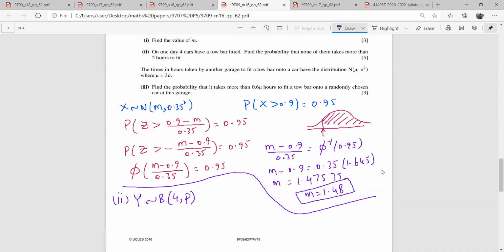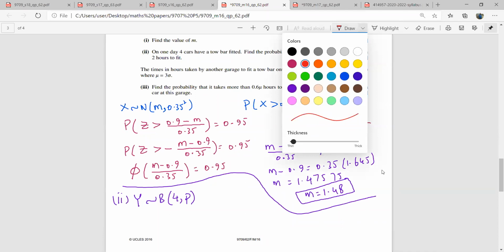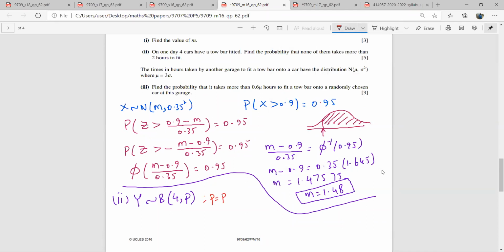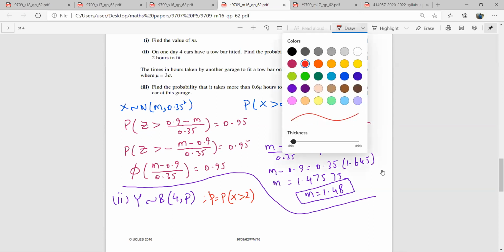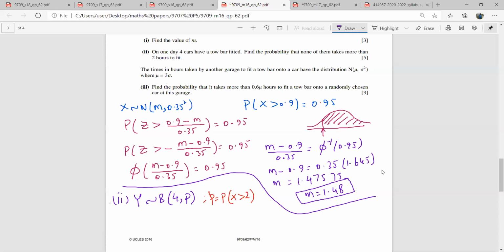We have to find this small p, which is the probability that X is more than 2. That is the probability of success for this binomial distribution, where you have to find the probability that none of them takes more than 2 hours.